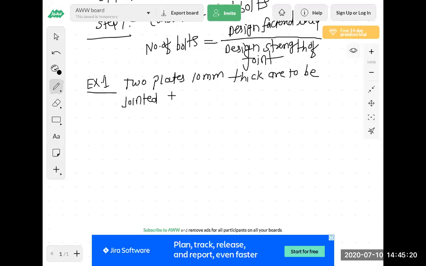Okay, two plates 10 mm thick are to be jointed by double cover butt joint, full stop.